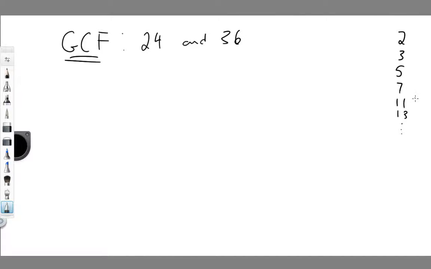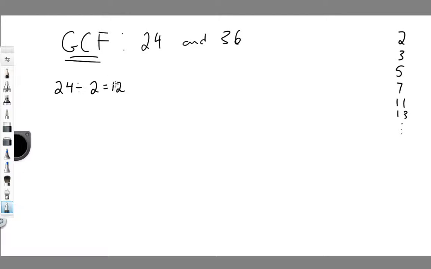Those are ones that I like to refer to, so sometimes when I'm teaching, I'll write them up on the board. When you're doing prime factorizations, you always have to ask yourself the question, what is the smallest prime number that divides into, in our case, 24? So 2. 24 divided by 2 is 12.